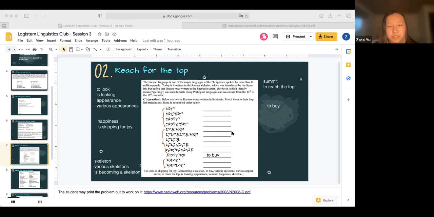Okay, so if we look at the 4 grouping, to look, is looking, appearance, and various appearances. So appearance and to look are kind of the base words for these groupings. So we want to figure out which one is to look and which one is appearance. What are our ideas for this?